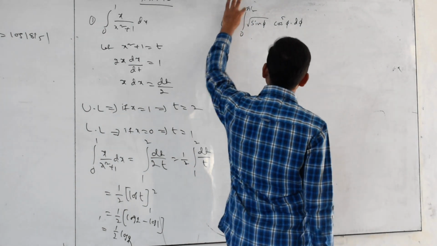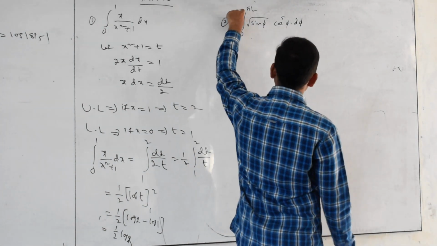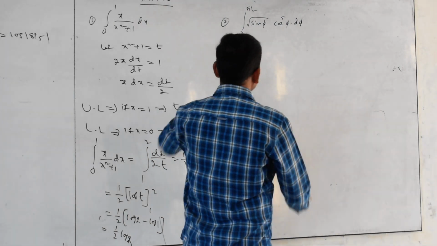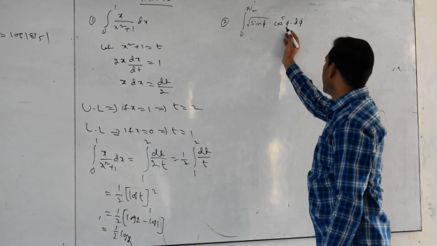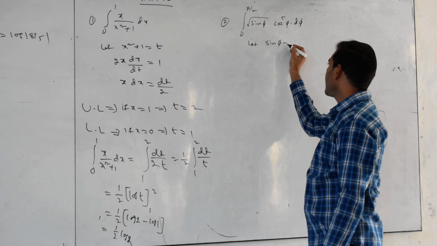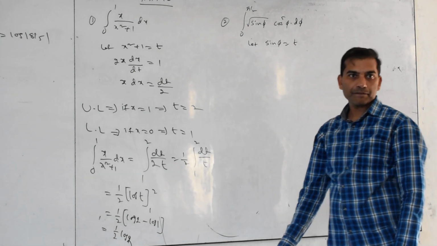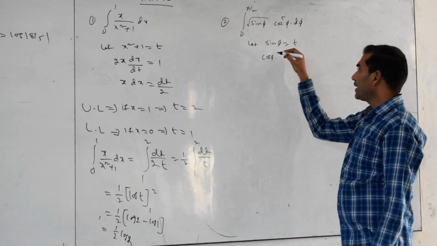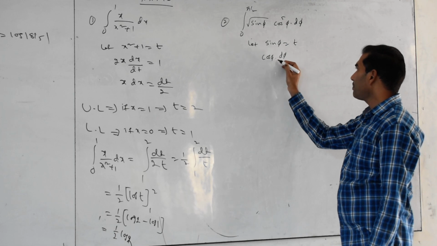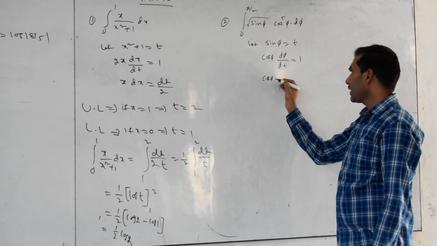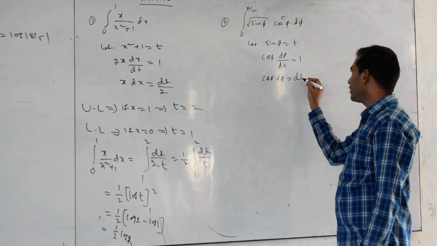These are theta limits, not x limits. Which derivative is present here? The sine derivative is present. So let sin theta equal to t. The differentiation of sin theta is cos theta, so cos theta d theta equal to dt.